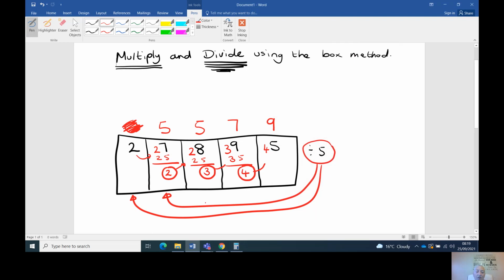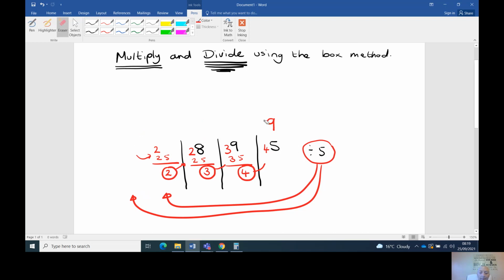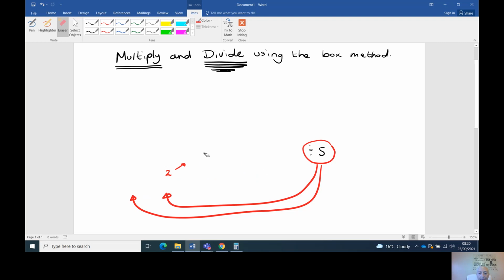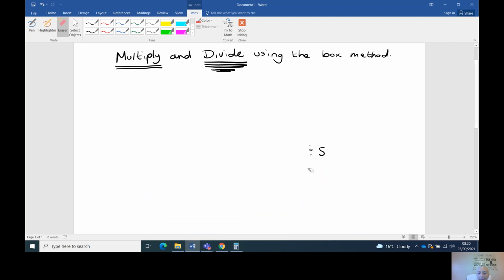So very similar to the bus stop method. It's just in the boxes. It's just a little bit neater. Now you can do this with a bigger times table. Okay, and it does help you practice your times table, to be fair.